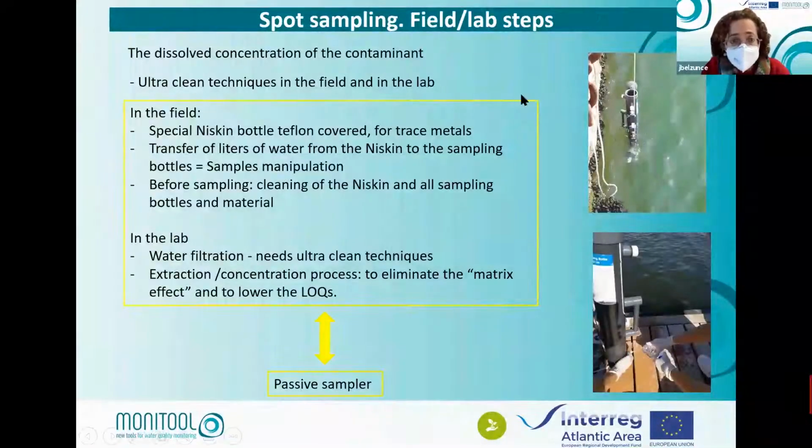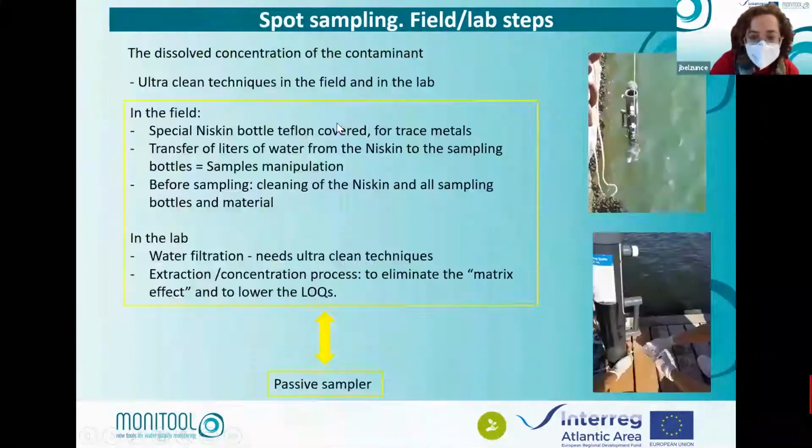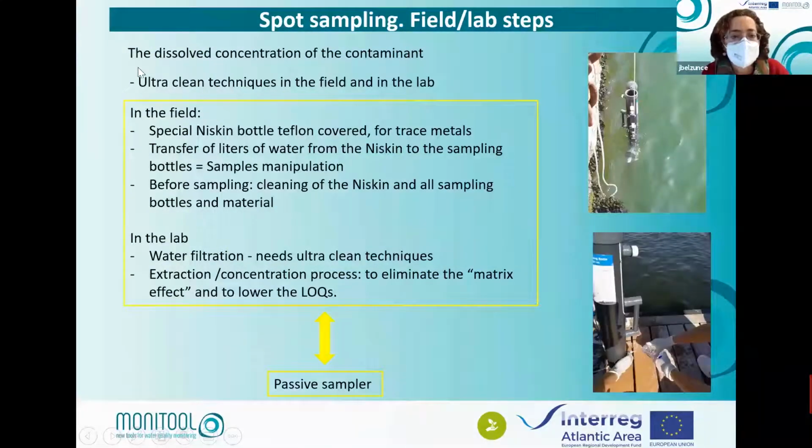For the steps in the lab and in the field, for spot sampling, we get the dissolved concentration of the contaminant. We need ultra clean techniques in the field and in the lab, and all the steps that Natalia has already mentioned.